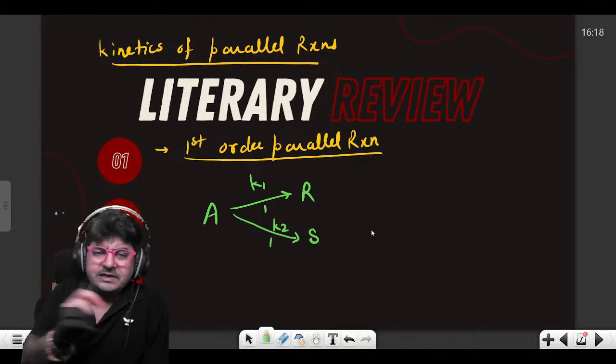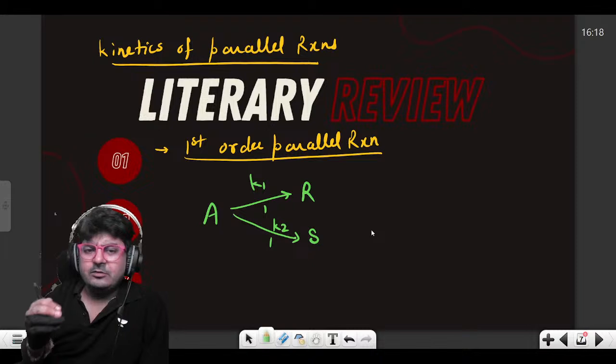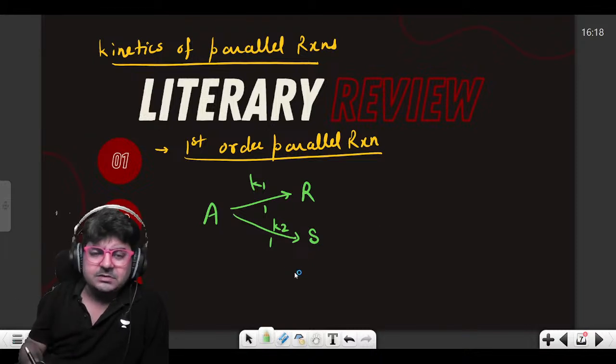In any reaction, above the arrow we write the rate constant and below the arrow we write the order of reaction. Usually this is the standard.